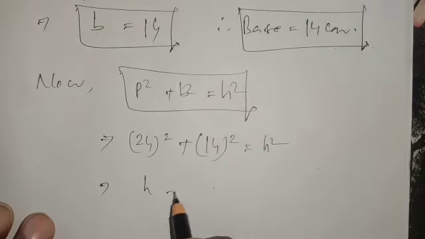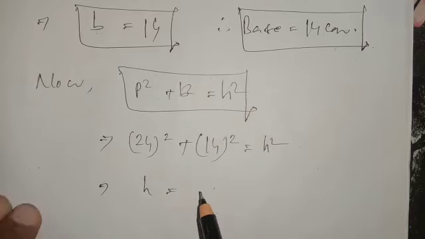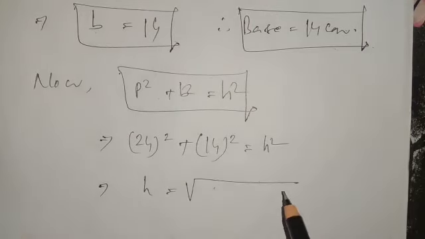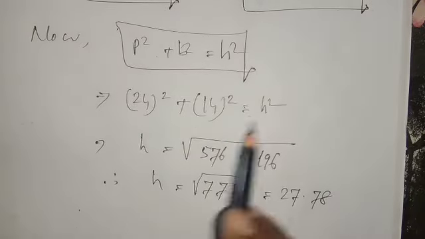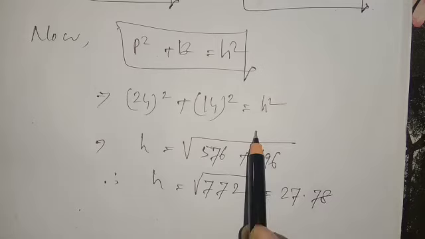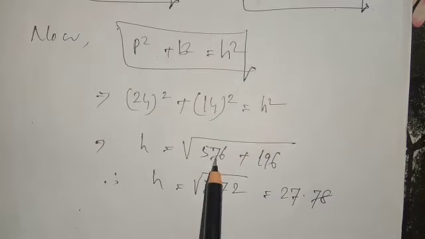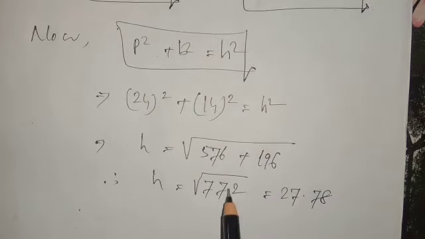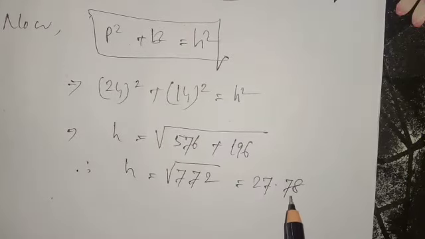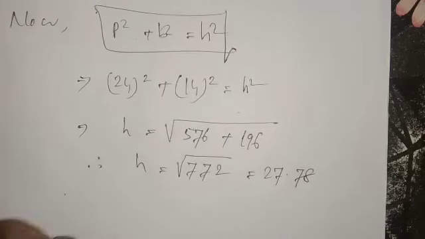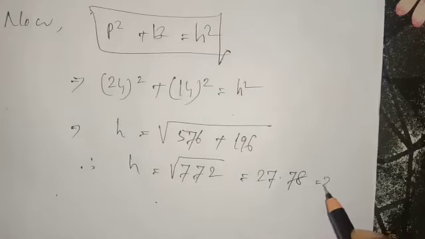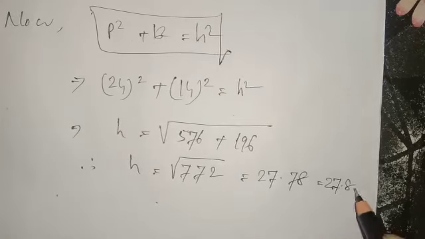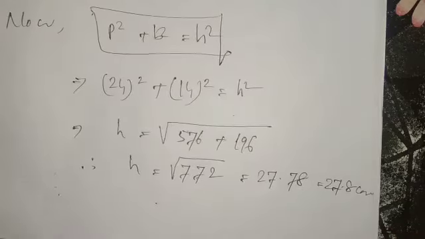Therefore, H will be root over 24 whole square plus 14 whole square. 24 whole square is 576, 14 whole square is 196. If you add, it is coming 772. Then find the root, it is coming 27.78. Therefore, hypotenuse will be approximately 27.8 centimeter. In this way, question number 1 is completed.